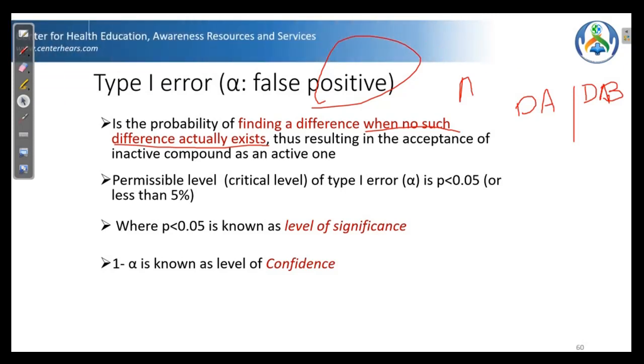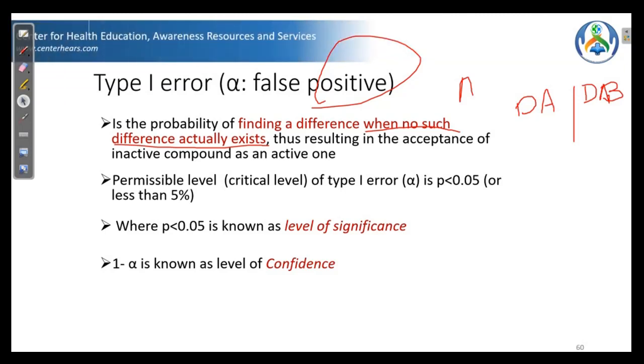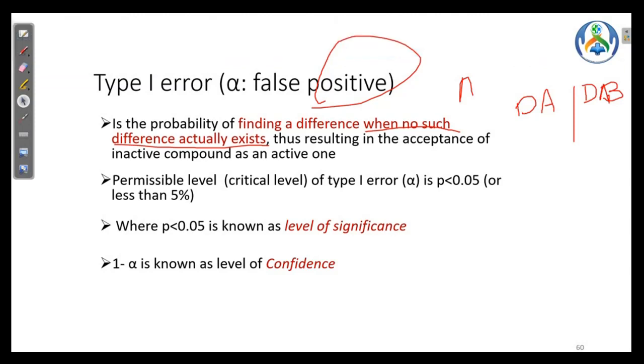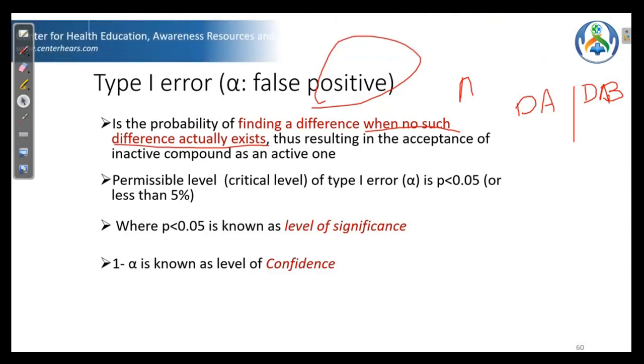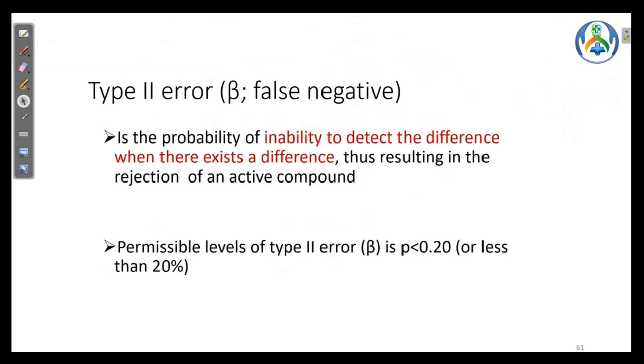This 0.05, p less than 0.05, is also called the level of significance, and confidence is 1 minus type 1 error, that is alpha. So that is called the confidence of the study. These are just terms which you have to remember.